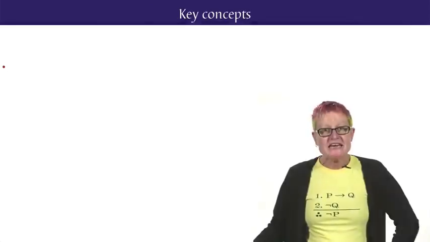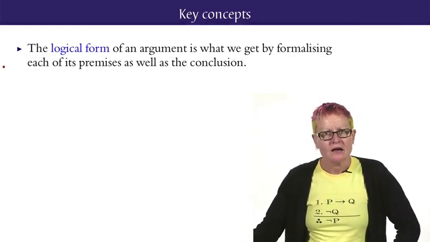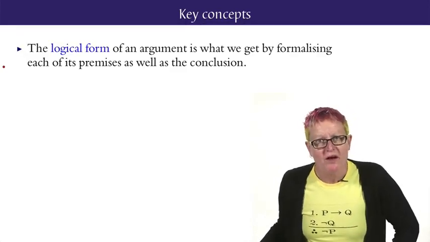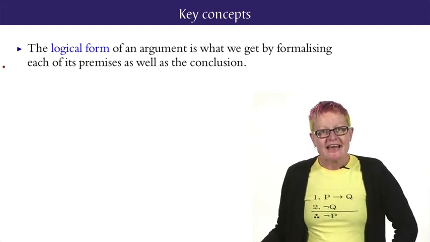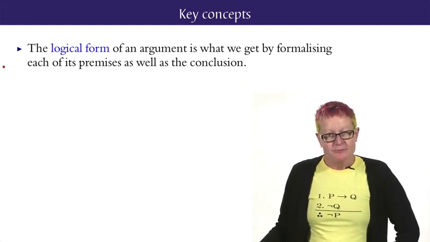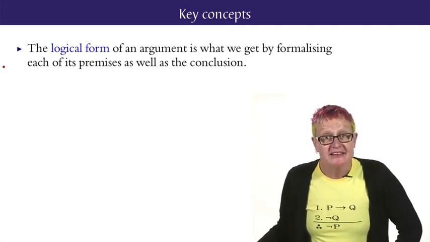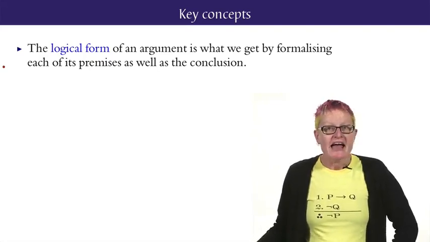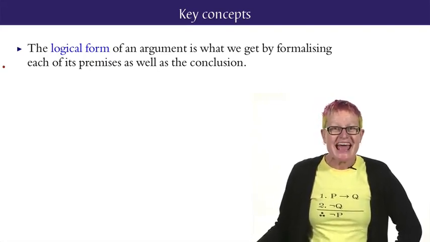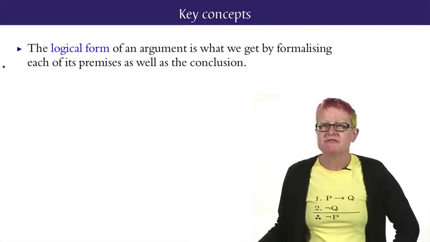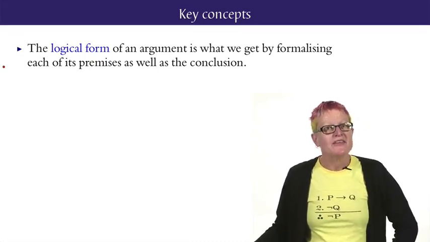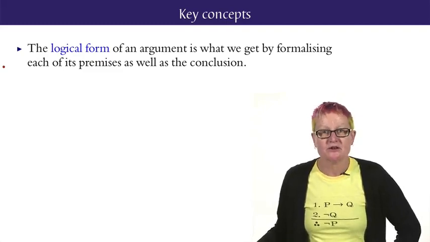Let's summarise the key concepts. The logical form of an argument is what we get by formalising each of its premises as well as the conclusion. There is some care and delicacy required here, as a concrete argument can be an instance of many different argument forms, and the task is to extract the best logical form.